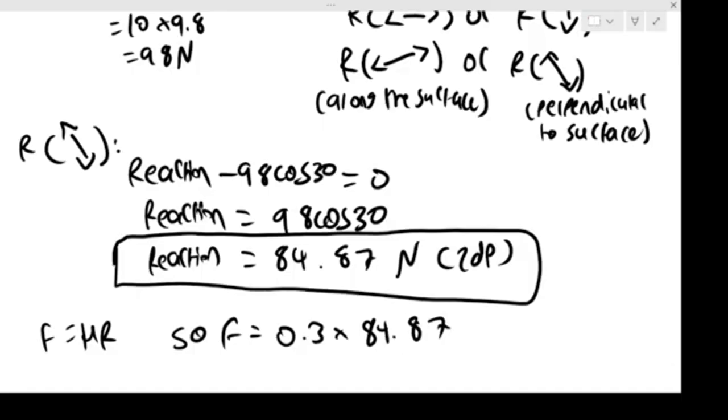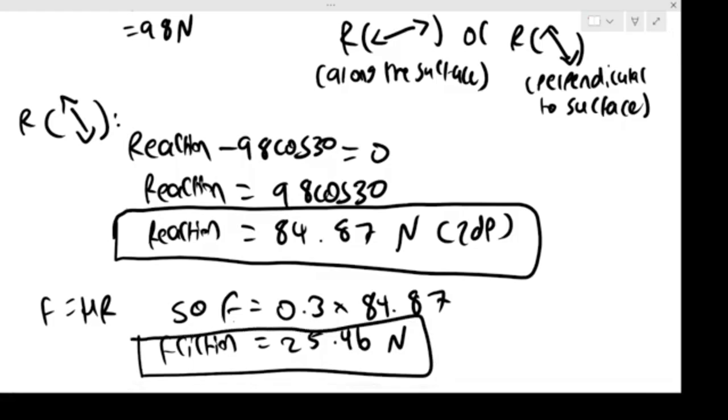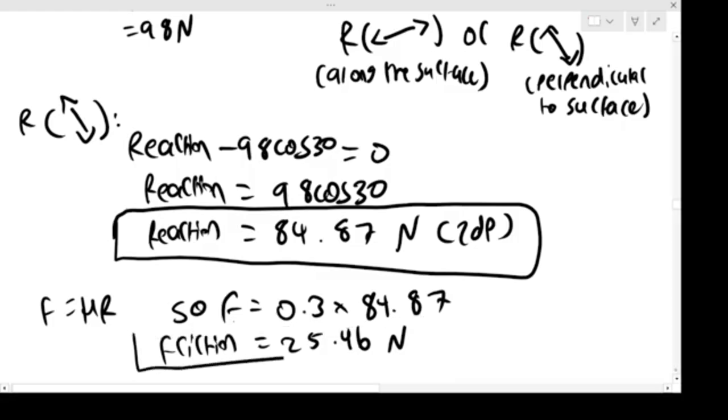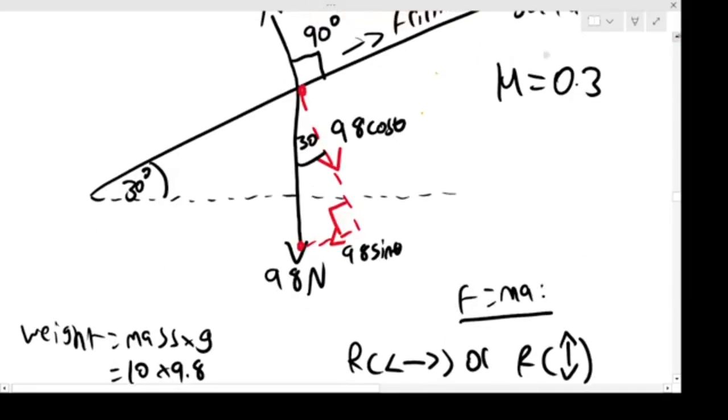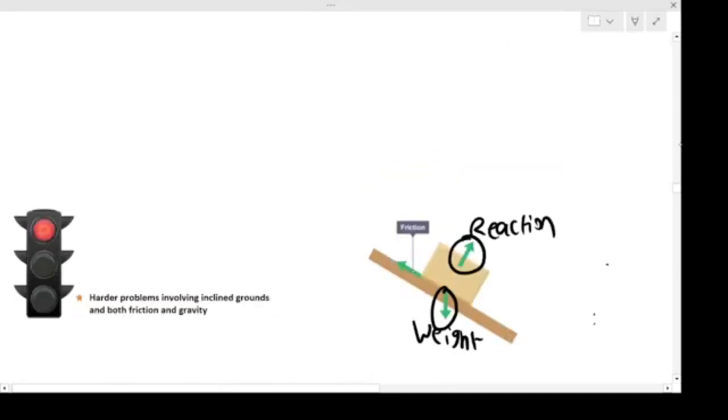If I work that out, I get 25.46 newtons, and that is my friction. And there we are. Those are all my forces here. If I add that on, my friction is 25.46 newtons.